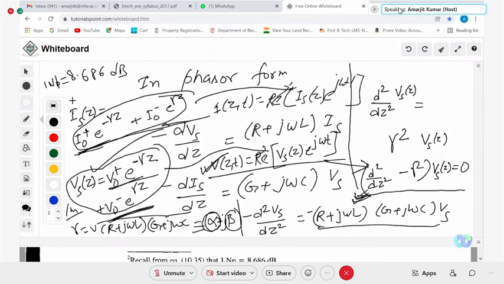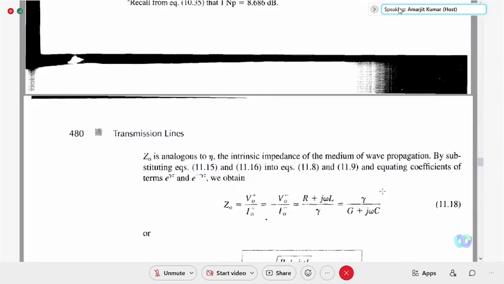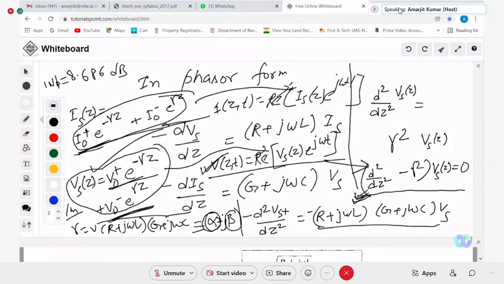When you do this, you will get some relationship between I naught plus, I naught minus, V naught plus and V naught minus. So from that, Z naught is V naught plus divided by I naught plus.